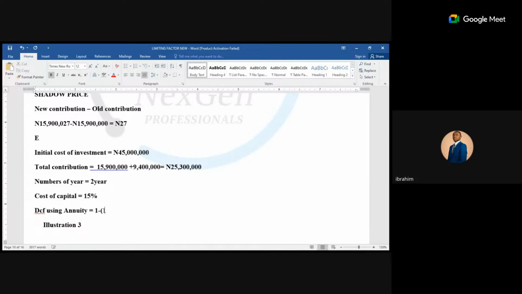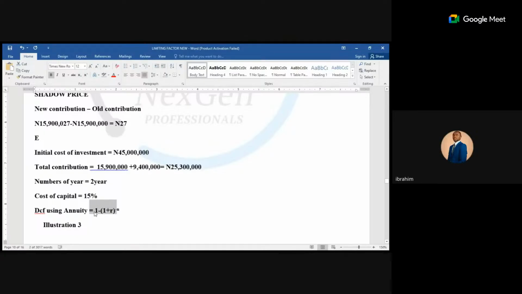And what is the annuity formula? 1 minus (1 plus r) raised to the power of minus n, divided by r.